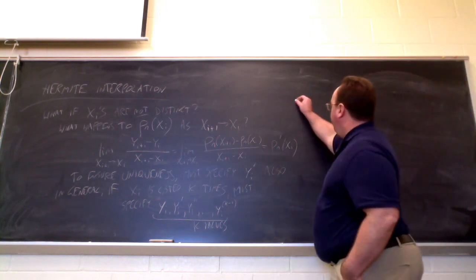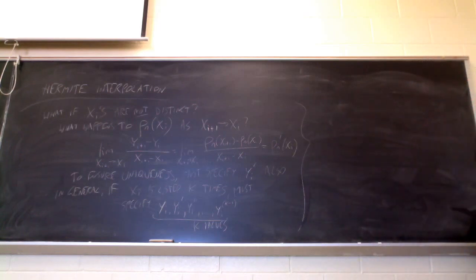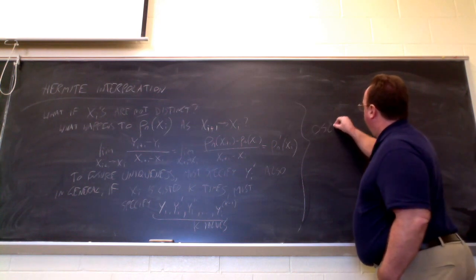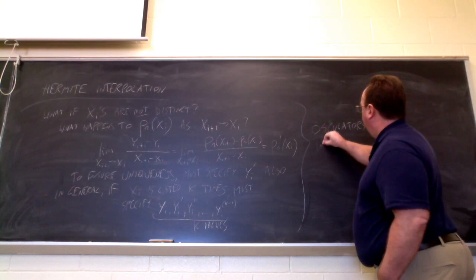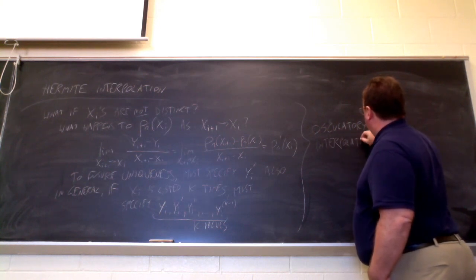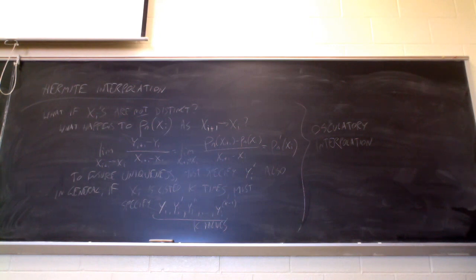Now, doing this kind of interpolation, where you start listing x values more than once, is called oscillatory interpolation, as opposed to what we talked about on Monday, where you required that all the x values were distinct.